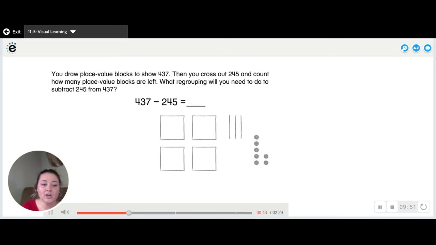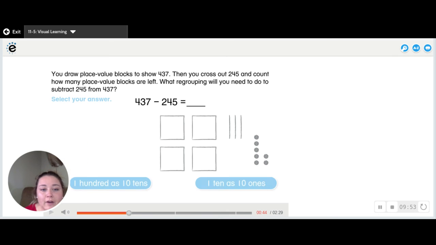Okay, so let's talk about this real quick. If you have 437, that's the picture model they're showing you right now. And we're trying to subtract 245. Look at your place value. Which digit are we going to have to regroup?